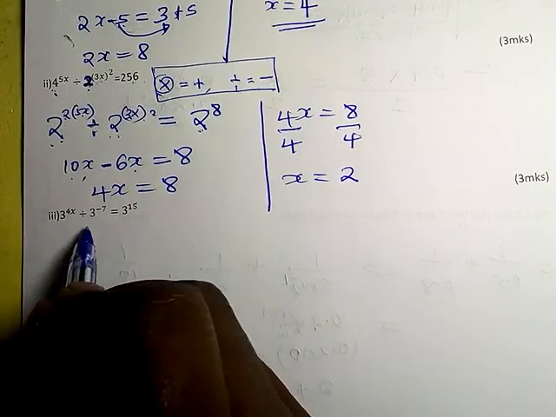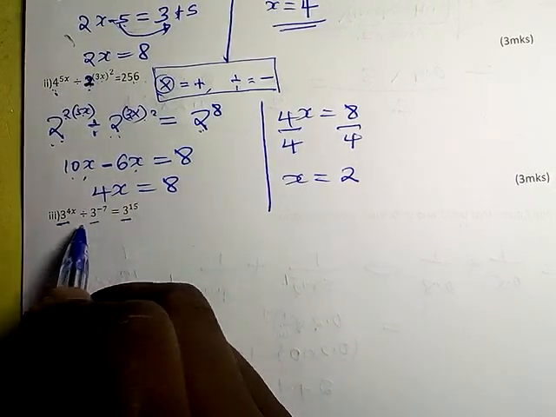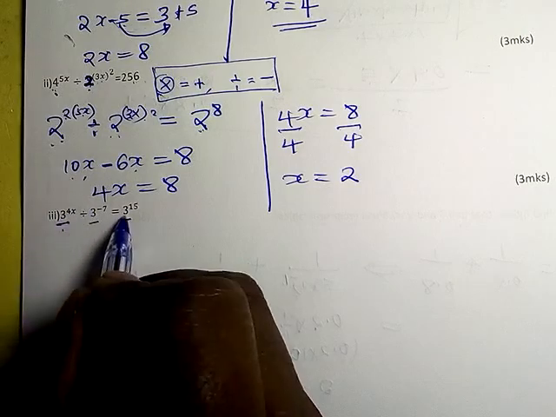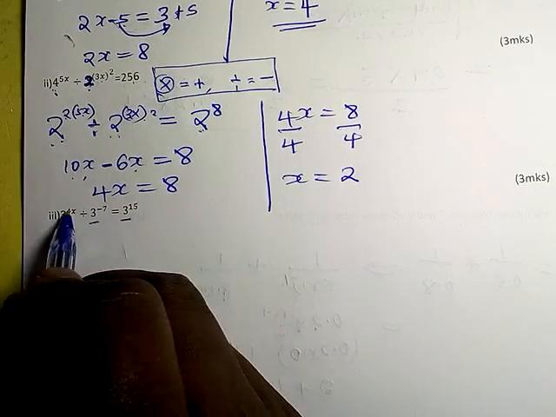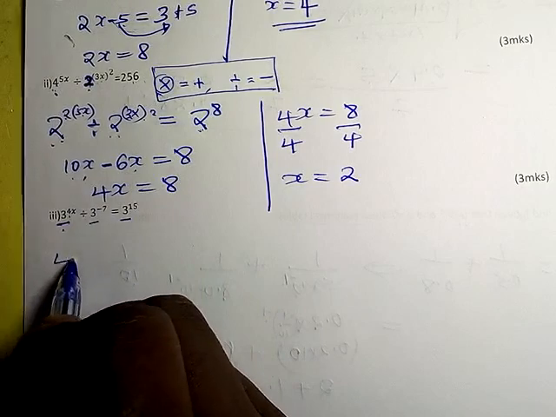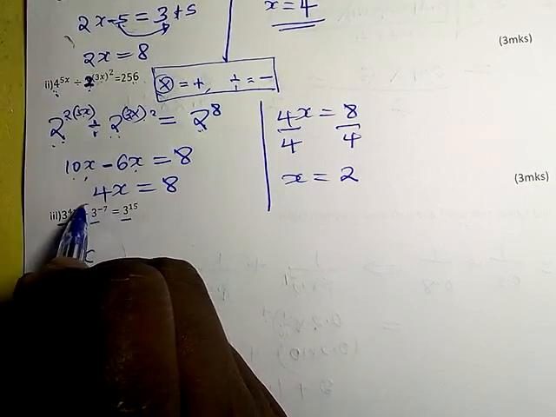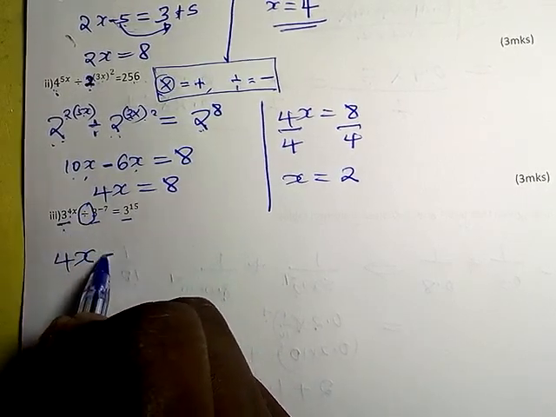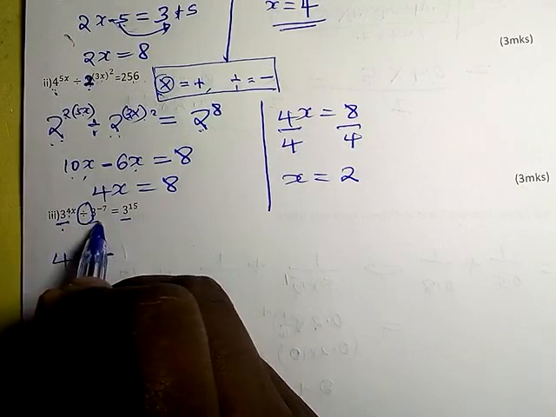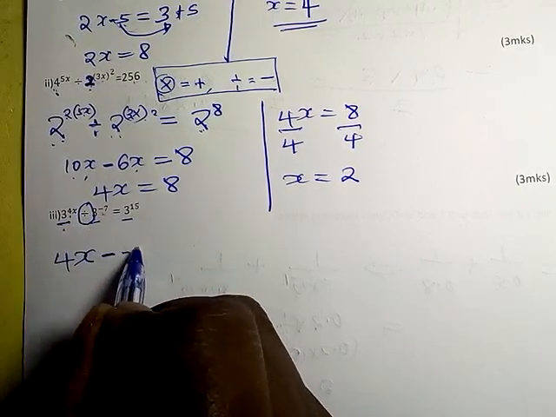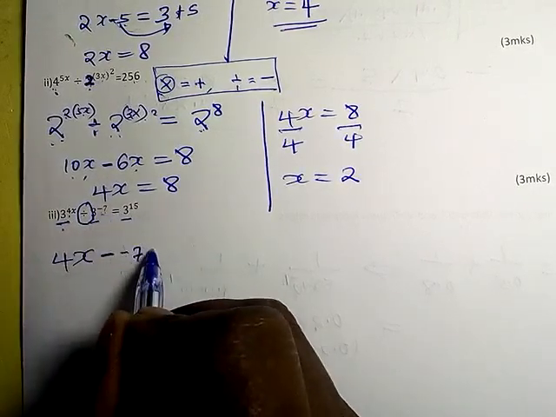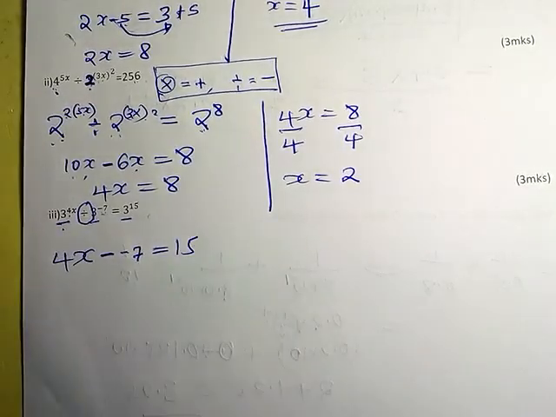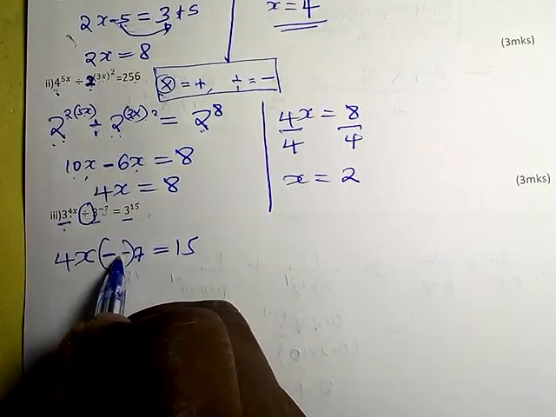Now we have this one. We have been given the bases are the same. So if the bases are the same, we just ignore them and we go straight to the indices. So this one is 4x, and you can see here it is division, therefore it is subtraction. And we are subtracting a negative index, negative 7, equal to 15. A negative times a negative is positive.